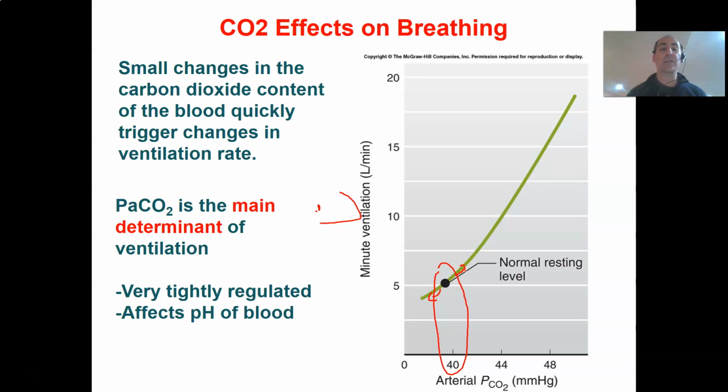Because pH is important for the functioning of all proteins, a small change in PCO2, and therefore pH, causes a large change in breathing because you have to highly regulate the pH. O2 isn't as important, and for this reason and this reason alone, the level of CO2 in the arteries, to reiterate, as I've said before, is the main driver of changes in ventilation in humans.